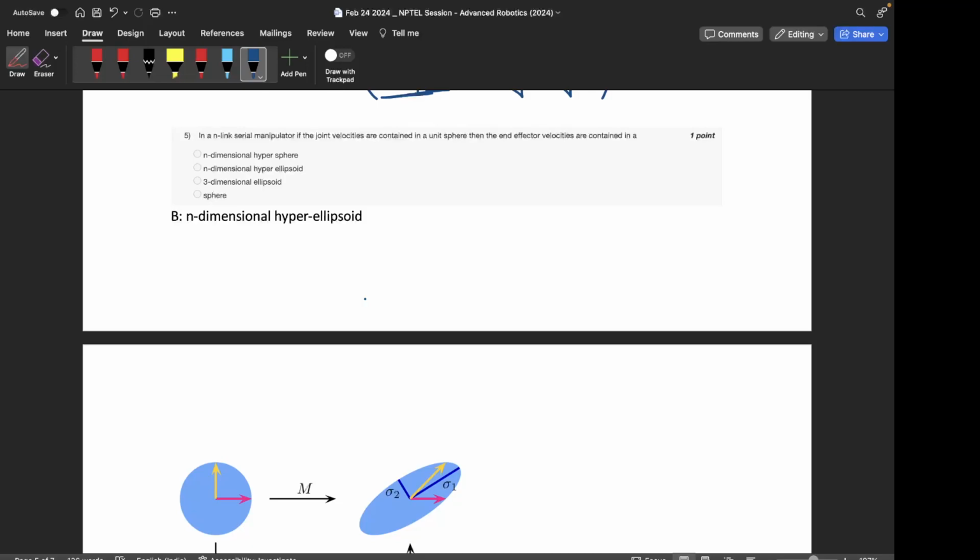And if you see the corresponding end effector velocity vector, then it will move along the ellipse. As the joint velocity vector moves along the circle, in parallel you can visualize the end effector velocity vector moving. Its end point will trace an ellipse, and similarly in higher dimensions it will be a sphere and an ellipsoid.